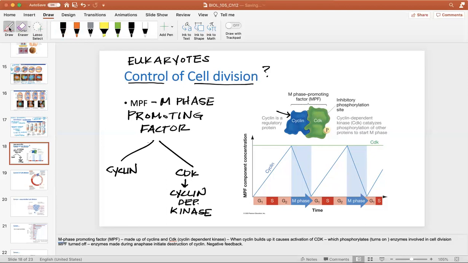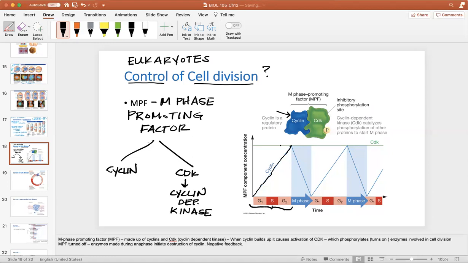So what happens is, throughout the course of interphase, remember that interphase is a combination of these three phases here, G1, S, and G2. Throughout interphase, the concentration of cyclin goes up in your cell, okay?